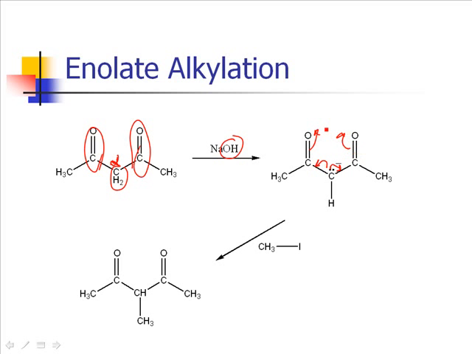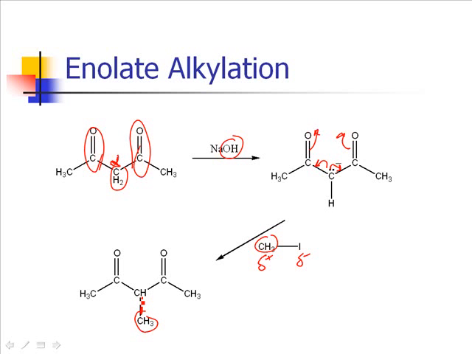Being stable, though, it can react with an electrophile, and in this case we can react it with iodomethane, which has a carbon atom that's really quite electrophilic, and in the process put a new carbon atom into the molecule. And so we form a carbon-carbon single bond in our structure.